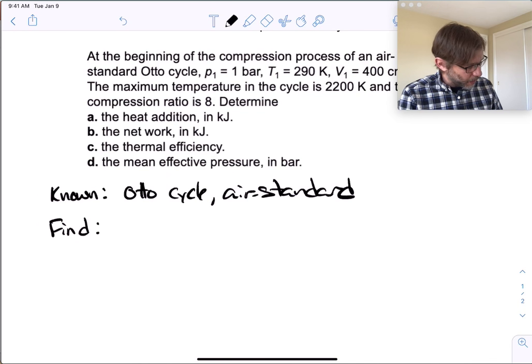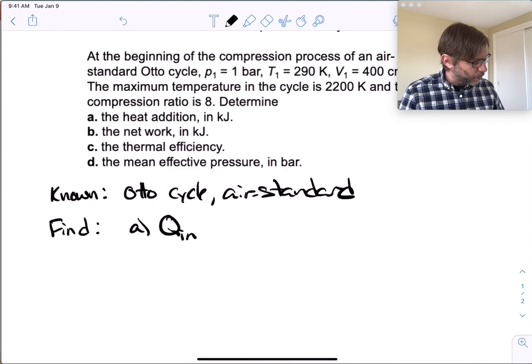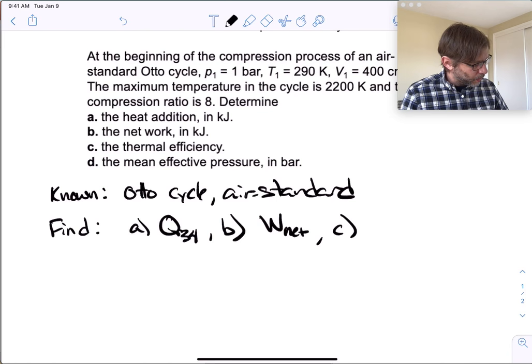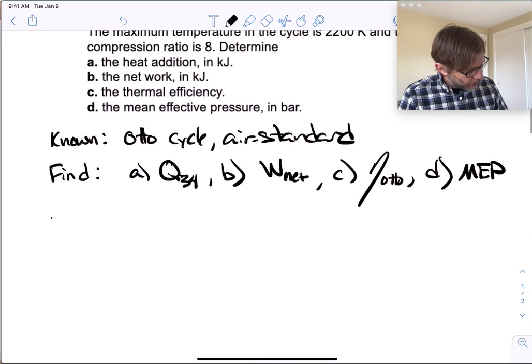They want Q in, which is Q34. We'll just say Q34. B, you want net work, so you want work net. You want C, the thermal efficiency. And then D, you want the mean effective pressure, call it MEP. Okay, this is what you're going to find.